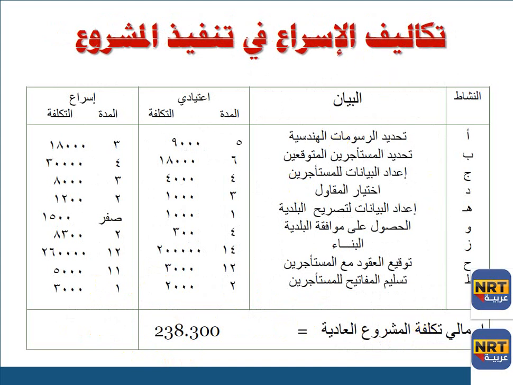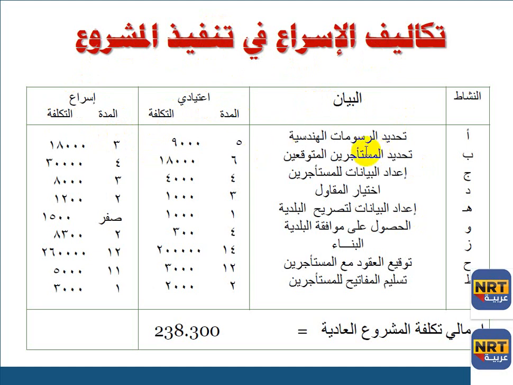Same as the way it took place before, the cost of the crash of the task execution. Statement, normal duration and normal cost, crashed duration and crashed cost, as you can see right in front of you.